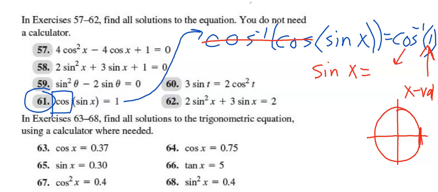So this side turns into 0. Okay, now you tell me, every angle measurement you can think of on the circle that has a sine of 0.